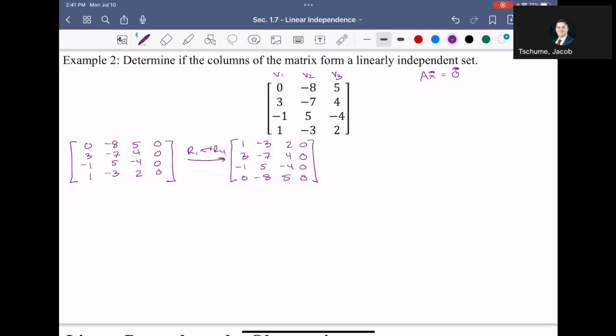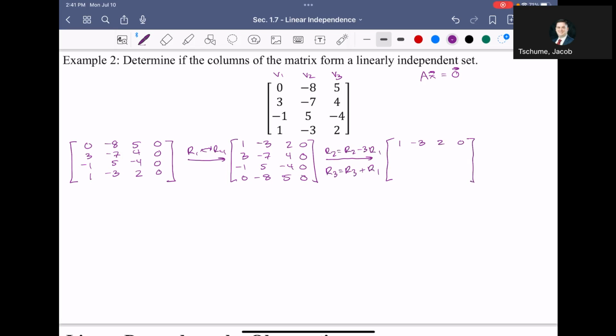So I'm going to use that first pivot position to get rid of the 3 and the -1 below it. So I'm going to take row 2 and subtract 3 row 1s. And then I'm going to take row 3 and just add row 1. So that's going to give me 1, -3, 2, 0.